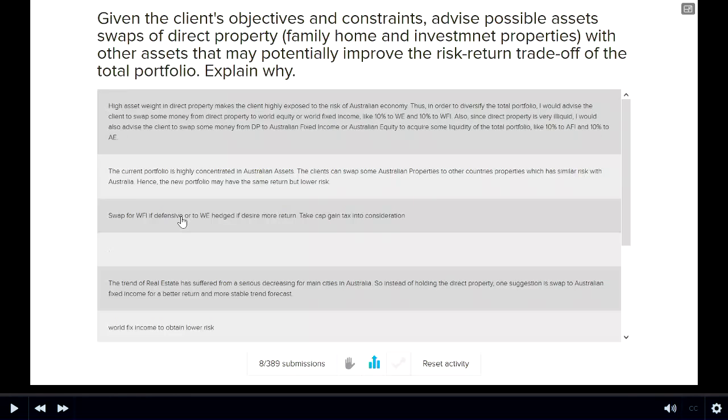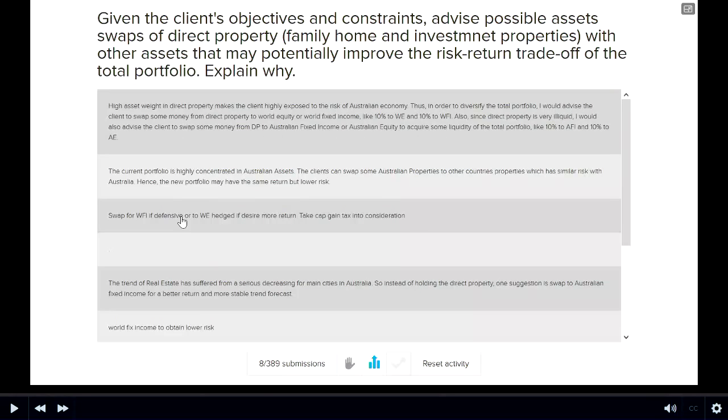Most of the exam questions will ask you to explain. So one or two sentences in the exam context will be sufficient. If you, before this, swap to world fixed income, if you state clearly the existing portfolio is exposed to concentrated Australian economic risk and illiquidity risk, period, that's one sentence.